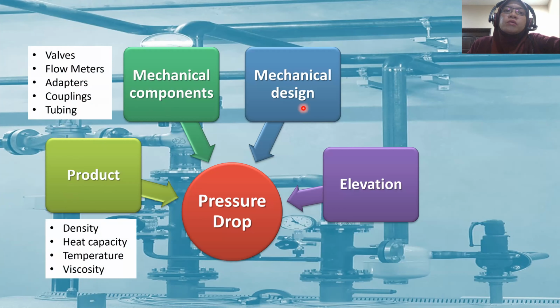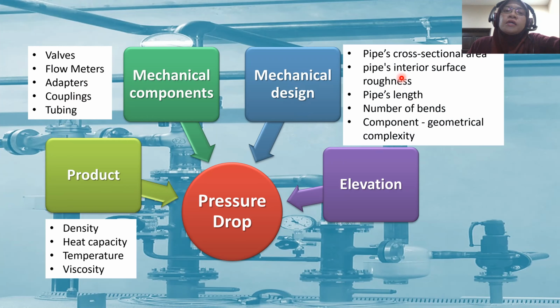Mechanical properties can also affect pressure drop. This includes the cross-sectional area, the pipe interior surface roughness, the length of the pipe, the number of bends in the system, and the geometrical complexity of each component. A change in elevation of the piping system can also affect pressure drop.